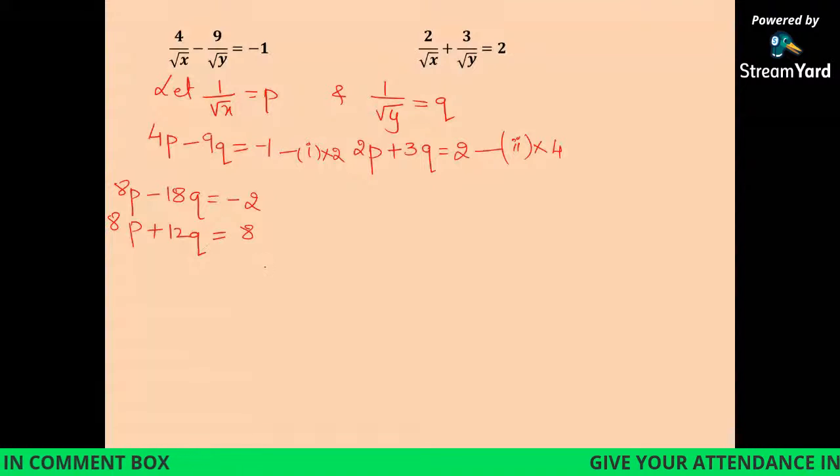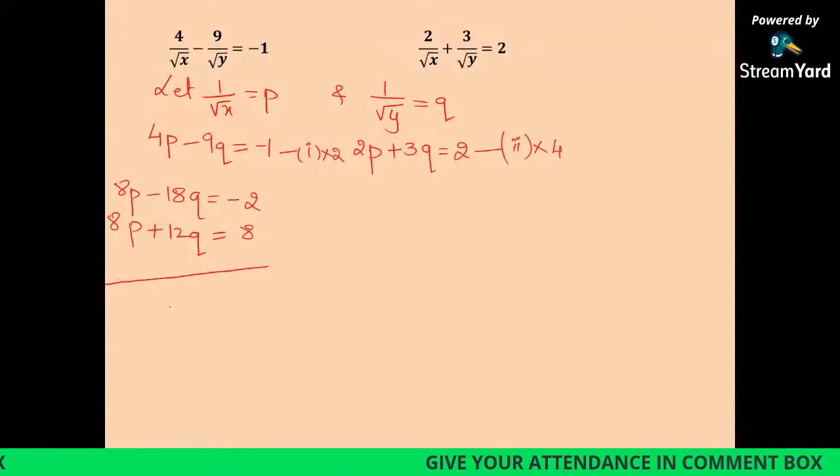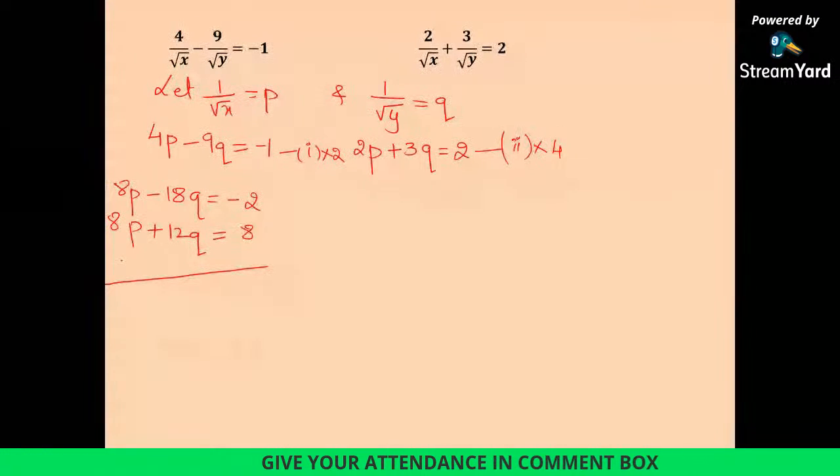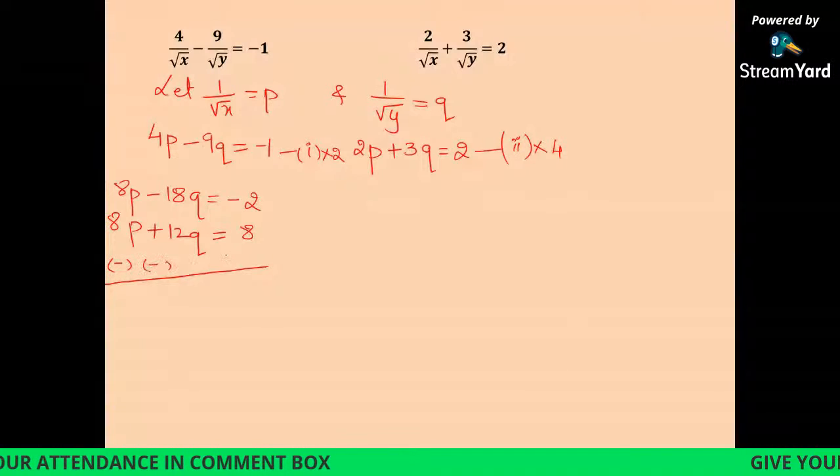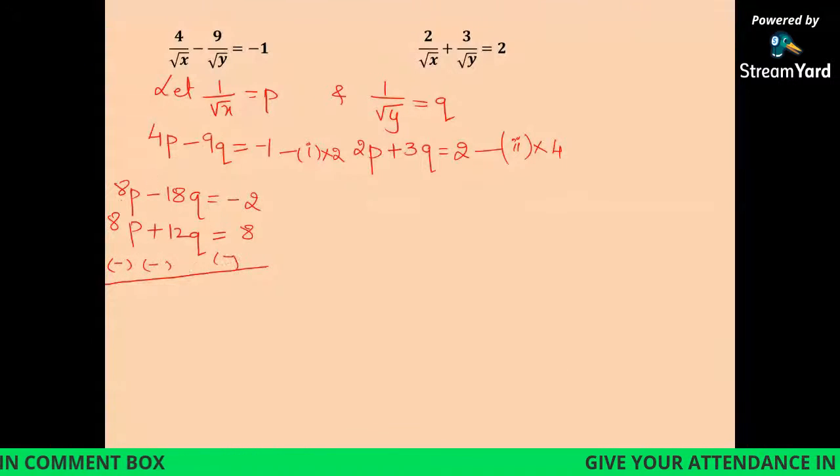Our next step according to the elimination method is changing the sign, right? If you change the sign, 8p and minus 8p get cancelled.